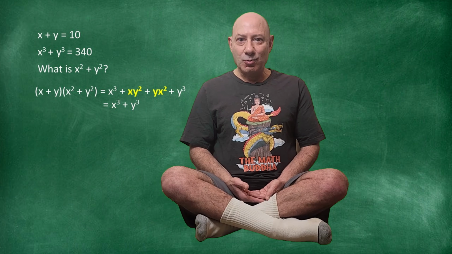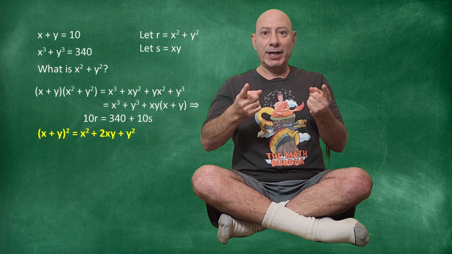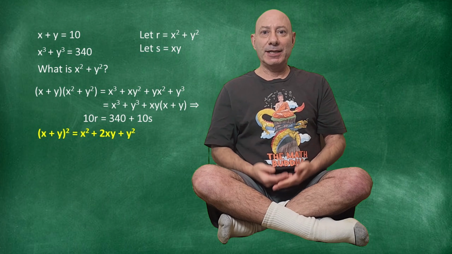Now we have to back into the value of r equals x squared plus y squared, which means that we're going to have to get a handle on this other unknown, this s equals xy. So how do we go about doing that? Well, how about we use this identity? x plus y squared equals x squared plus 2xy plus y squared. Now I'm not going to multiply that out for you, but it's easily verifiable using the FOIL method.